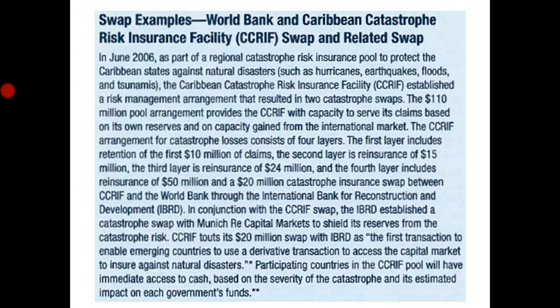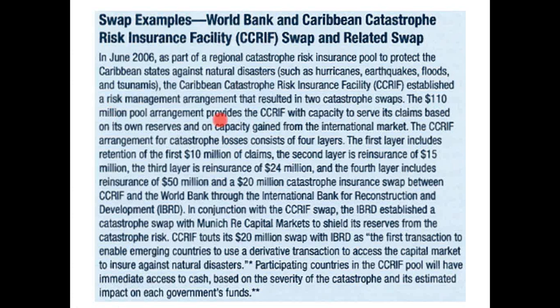So back on the swap example that was given in there. I'm not going to read through the whole thing, but in this case they created a swap where they have a pool, and this is where they swap the risk.